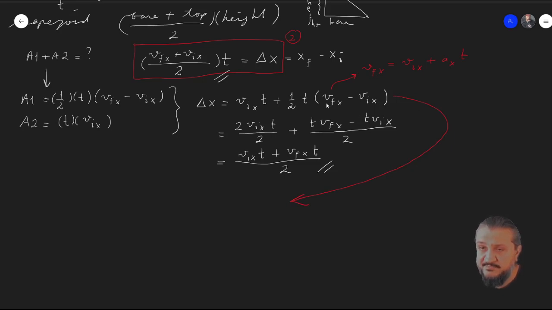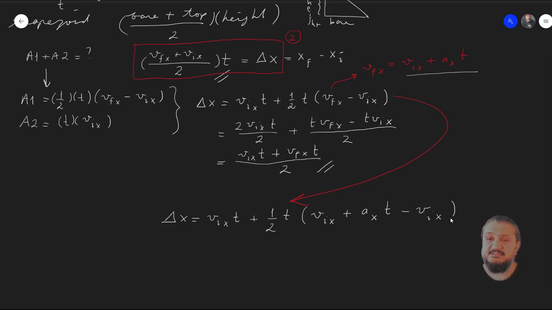I'm going to replace v final x with this expression here. So delta x is equal to vixt, that's the first term, plus 1/2 t. Now instead of v final x, I write vix plus axt. And then I subtract v initial x again, that's in this line here, vix. All right, and then simplify it.